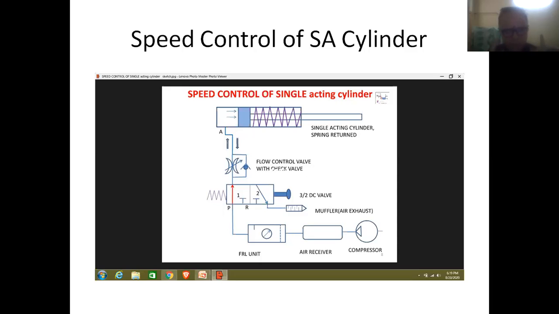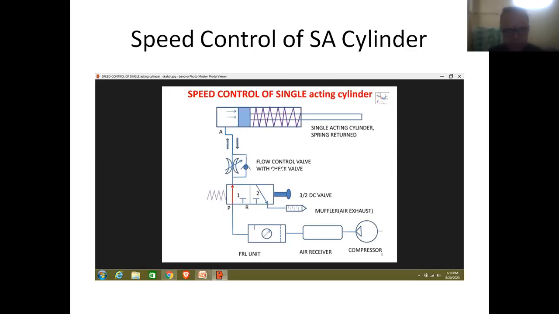So friends, hydraulic pumps are used in hydraulic circuits for generating pressure energy of oil. And here in the case of pneumatic circuits, compressors are used for generating the pressure energy of air.